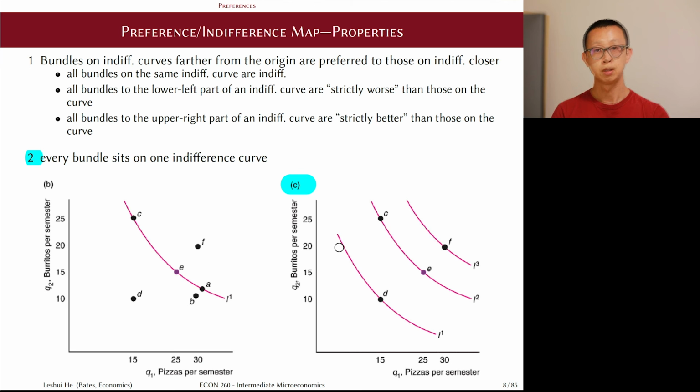And remember, regardless of how a consumer may prefer one good over the other, as long as the preference relationship satisfies completeness, transitivity, and non-satiation, it will be represented by indifference curves that look as nice as this. Although the specific shapes of these curves will be different, they will all be nicely ordered and downward sloping and without any thickness.